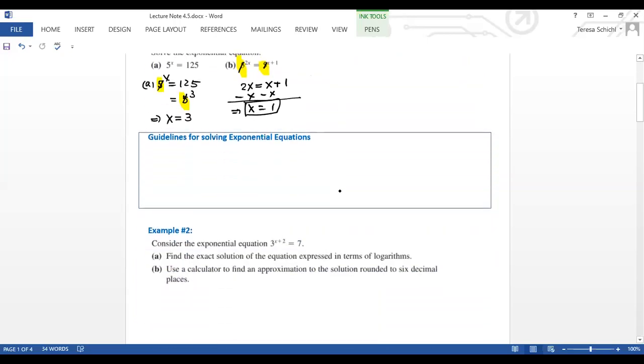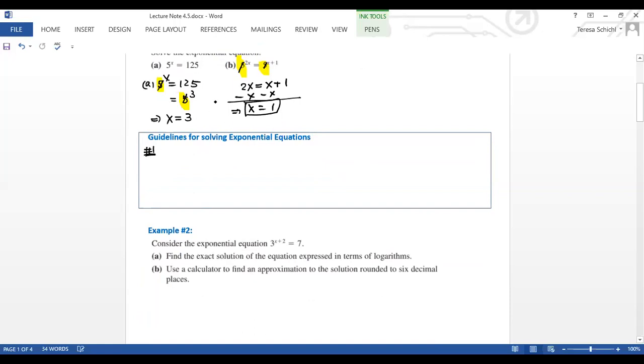But how about if my exponential equation is not that easy? Here we have some general guidelines, and I'm going to use example number 2 to show you the guidelines. Step number 1: try to solve it.